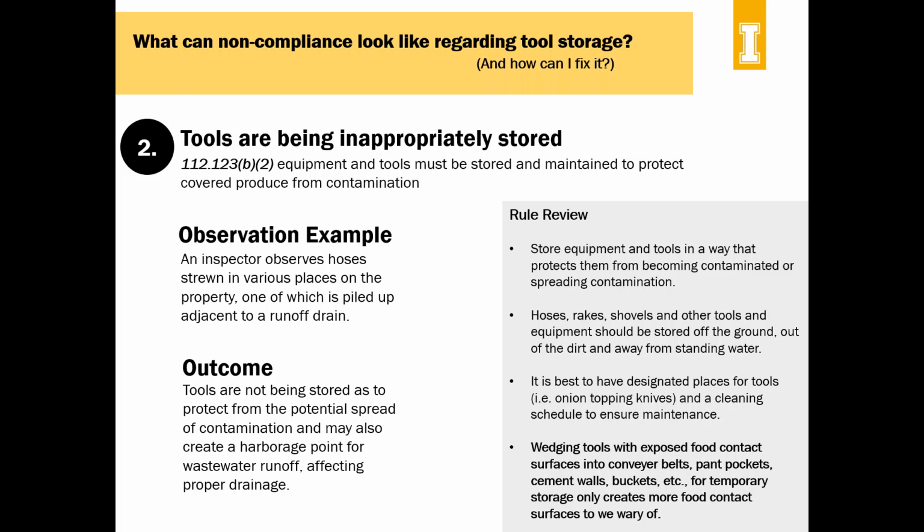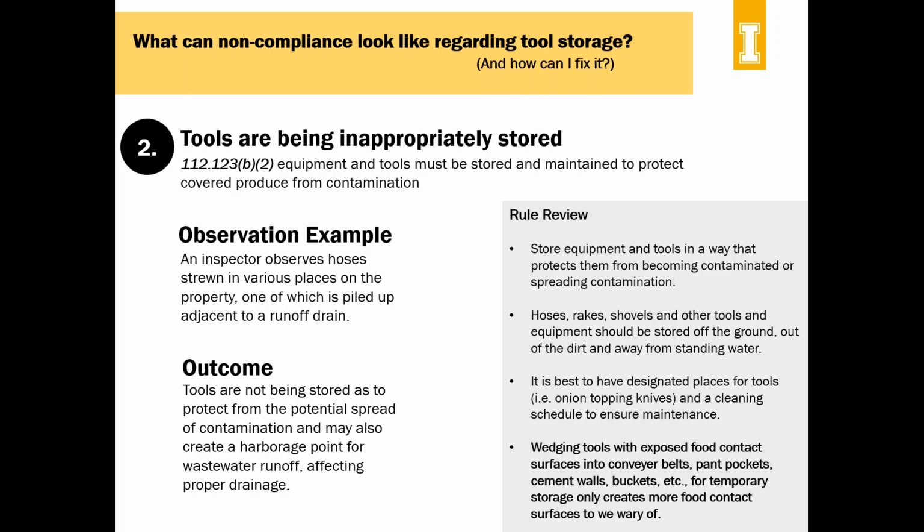And so this last bullet point, which is kind of a catch-all as well, is just to say that if you're taking tools and storing them in places that, well, really anywhere that you store them, if it comes in contact with other surfaces, then that surface that your tool comes in contact with then becomes also a food contact surface.